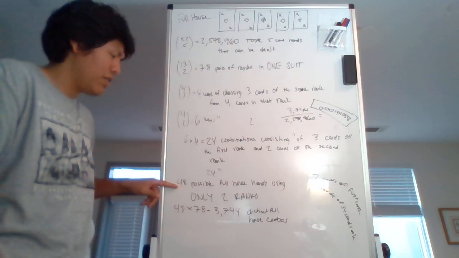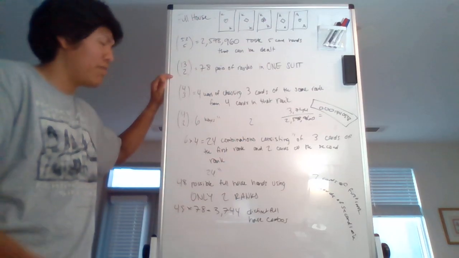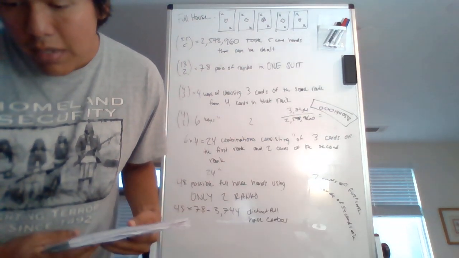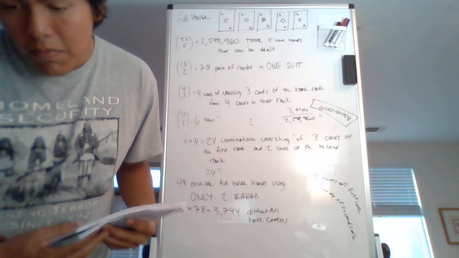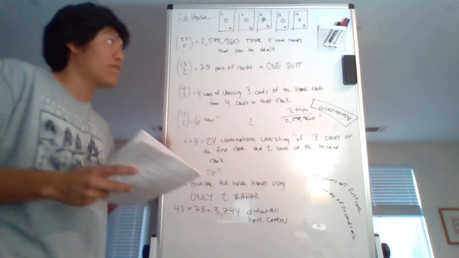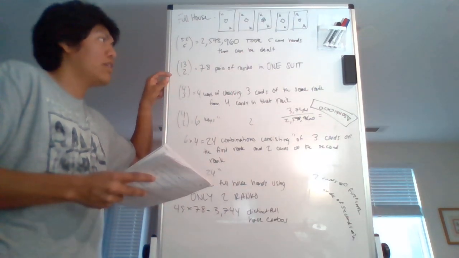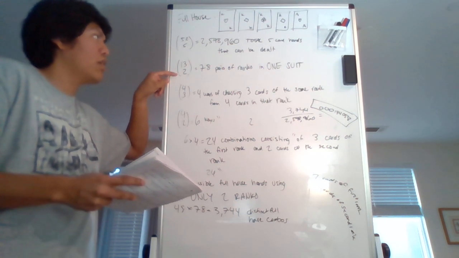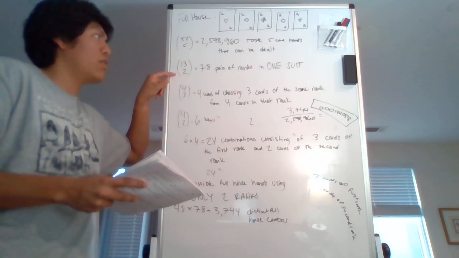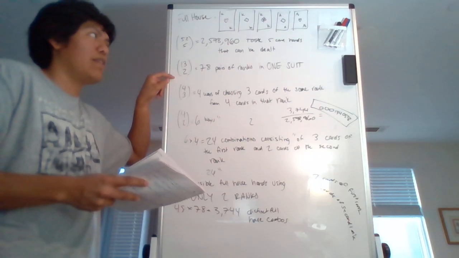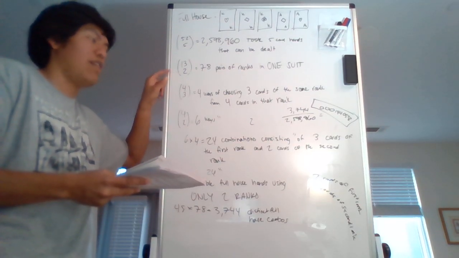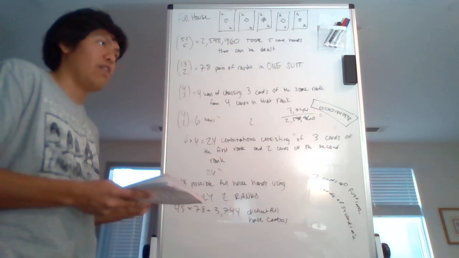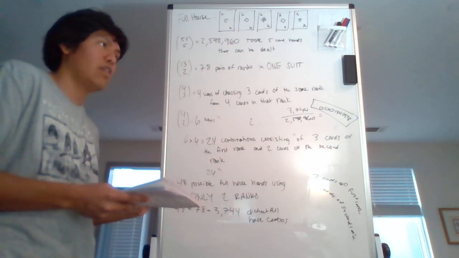And we would multiply this 48 by 78, because there are 78 pairs of ranks times the 48 possible full house hands using only 2 ranks.